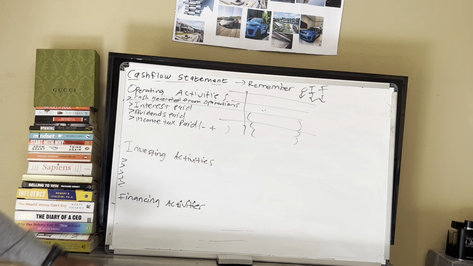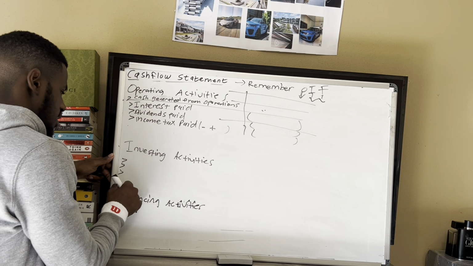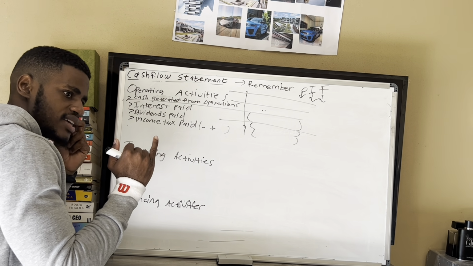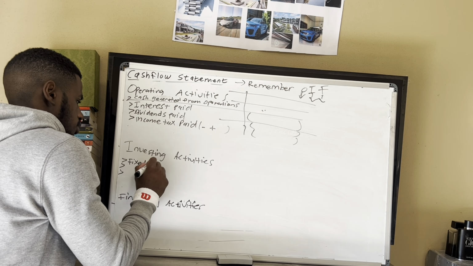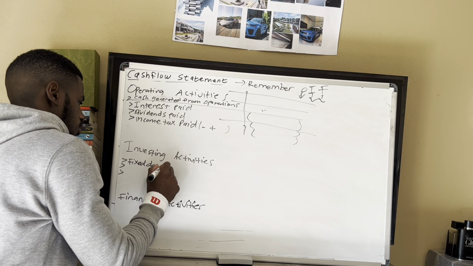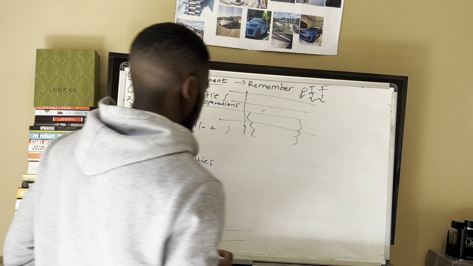Then we have our investing activities. We don't need all of these lines. Firstly, when we invest, we talk about fixed deposits. Let's make an example.